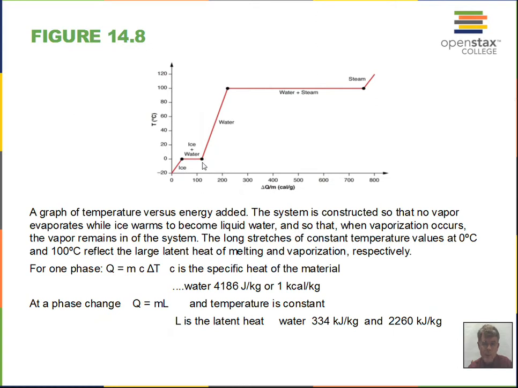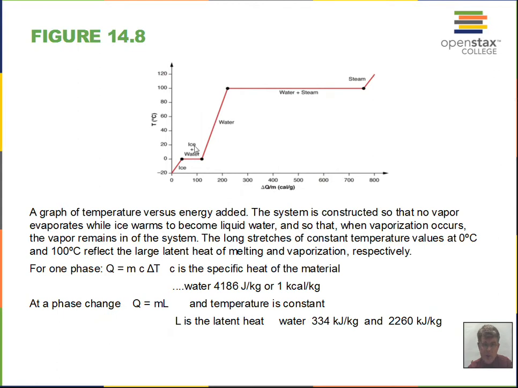Well, now we have all water, and the water receives that energy and does change its temperature, gets up to 100 Celsius, and now the temperature remains constant again while energy is coming in. Steam is being formed, it's vapor, and the temperature remains constant until all the water becomes steam, and then the steam will change temperature if energy continues to go into the system.